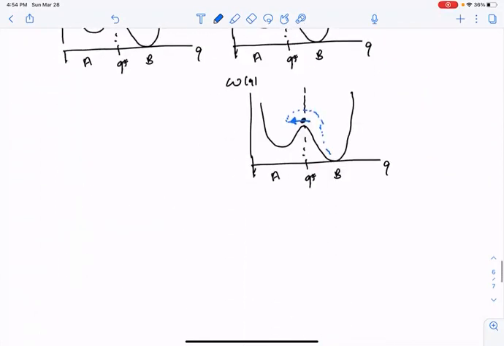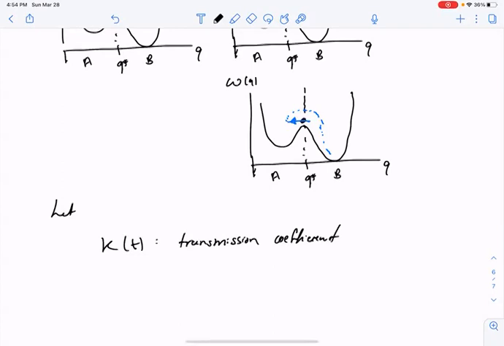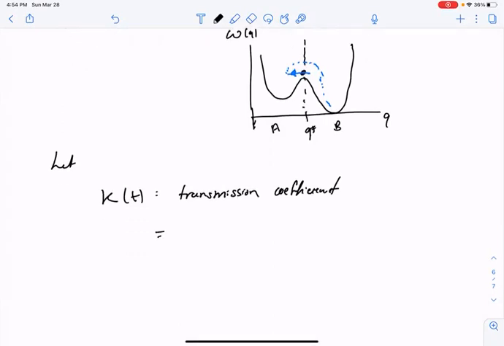So indeed, one can define a so-called transmission coefficient, kappa of t, as the ratio of the full time correlation function, C_AB dot, to its zero value.